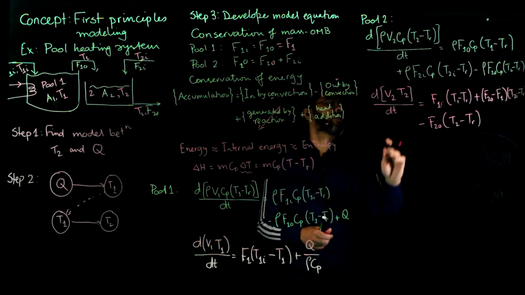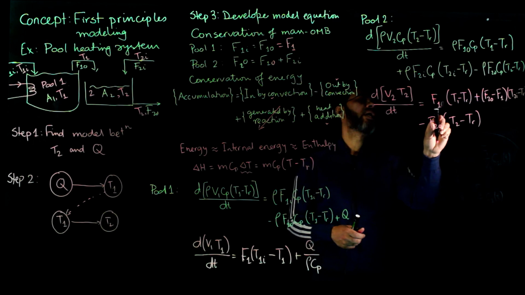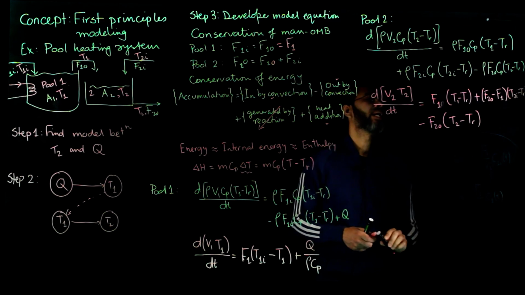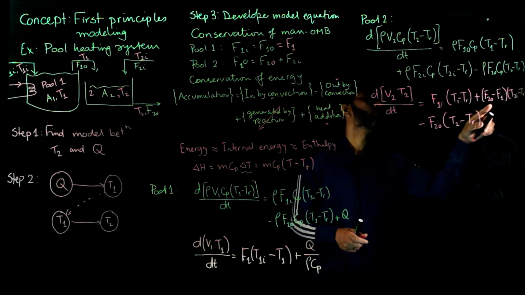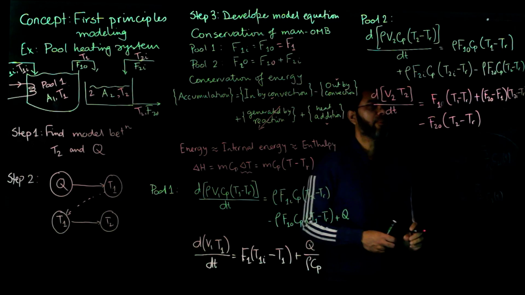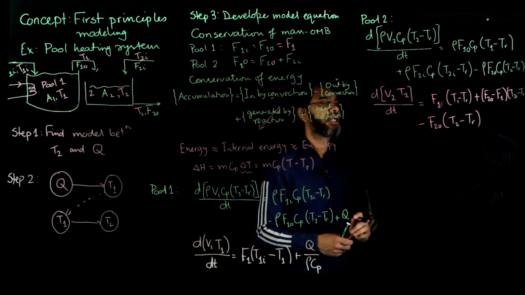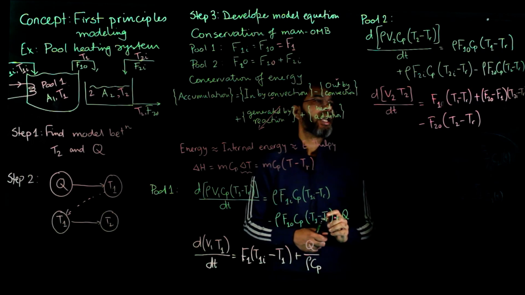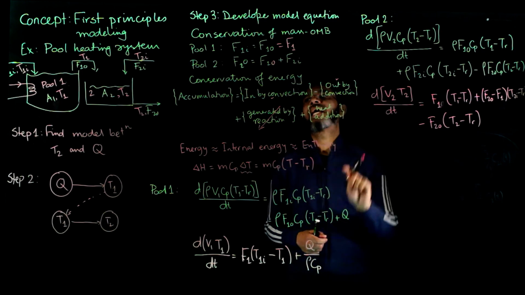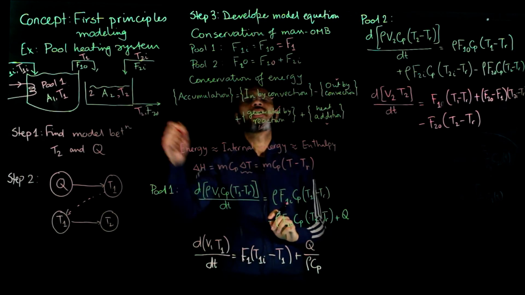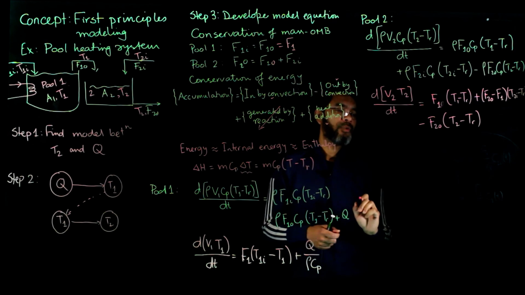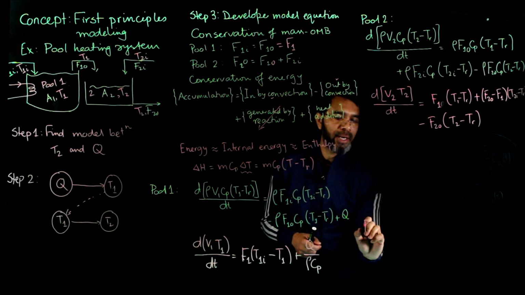If we look at this equation, we have this term F1 Tr having opposite sign, that will get cancelled. We'll have F2 Tr here having opposite sign, that will also get cancelled, meaning all this reference temperature term will get cancelled, and we'll have this V2 term. For this case, we consider there is no flow change, so V2 will be constant, so we can take that out.